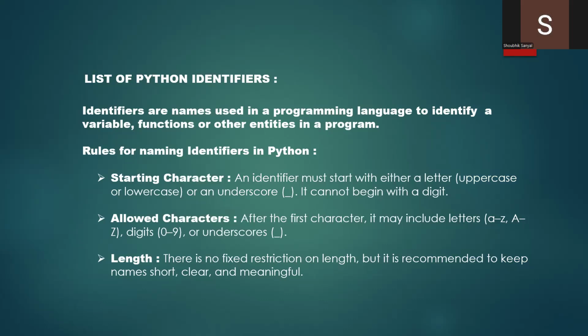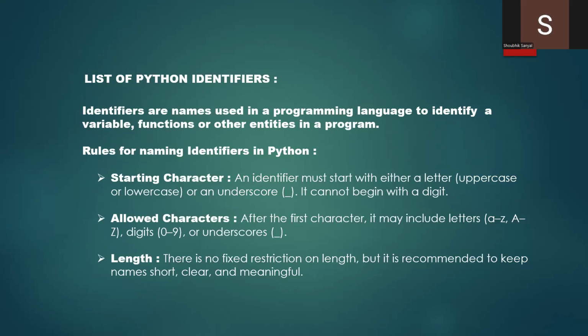Now, there are a few rules to name identifiers in Python. What are those rules? First, the starting character. An identifier must start with either a letter, maybe uppercase or lowercase, or an underscore.